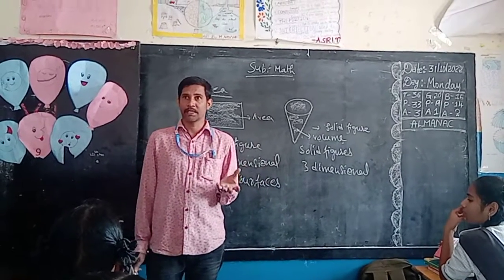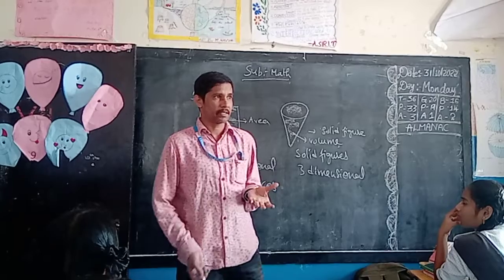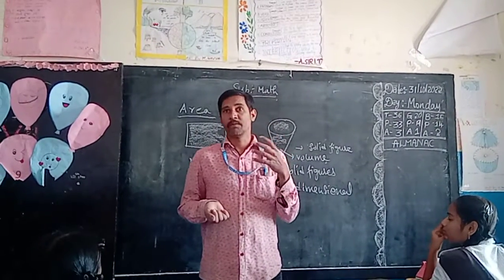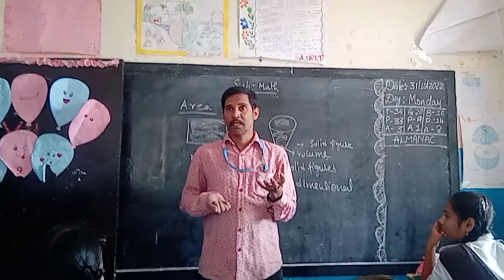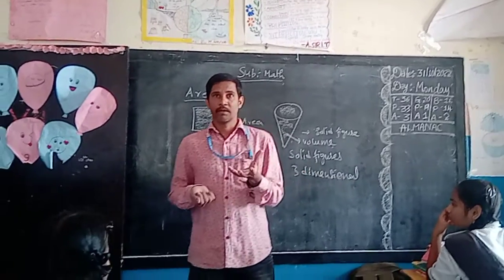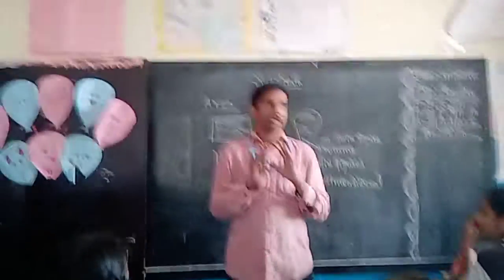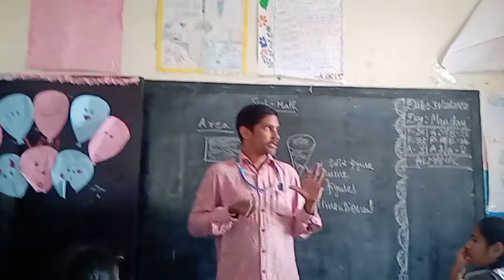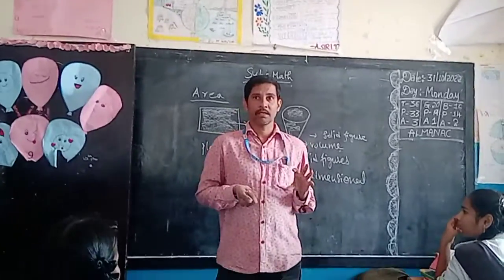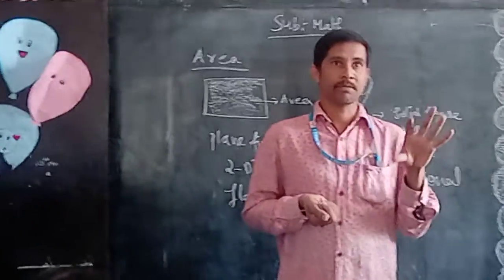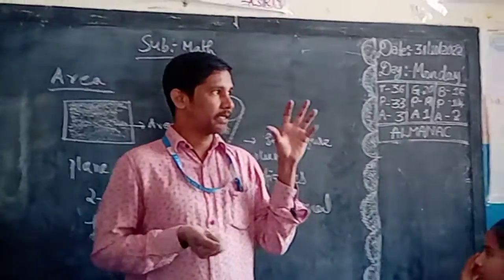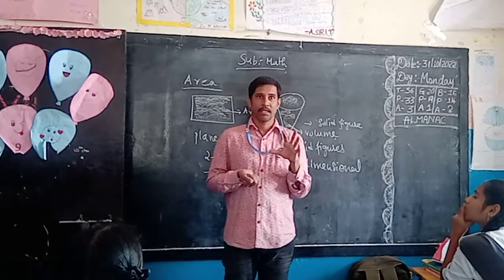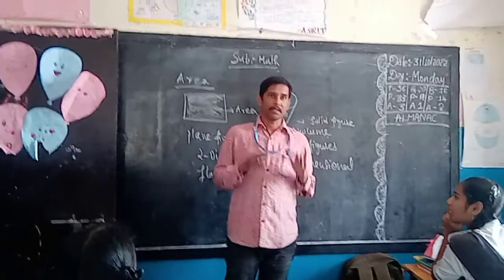Okay, so now we have discussed different plane figures and different solid figures. What we will do with these plane figures and solid figures is measure them. What is the use? In our universe, in our surroundings, we see so many solid figures and so many plane figures. Suppose you want to construct some building or factory, anything you want to construct, you will make different shapes.